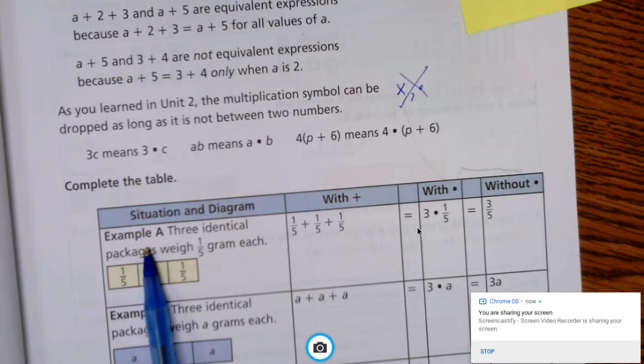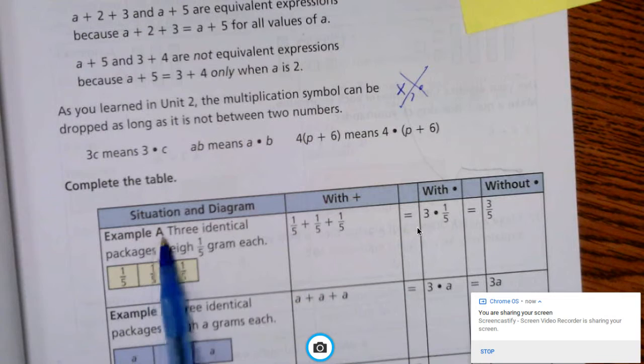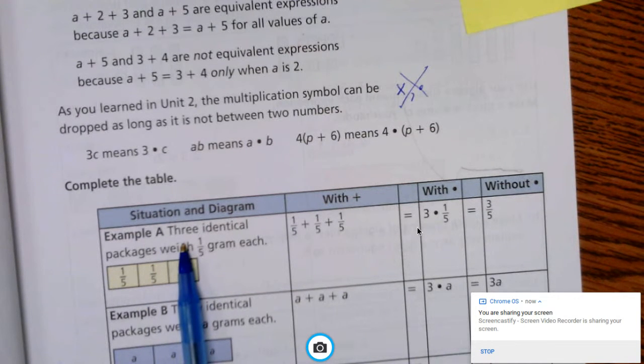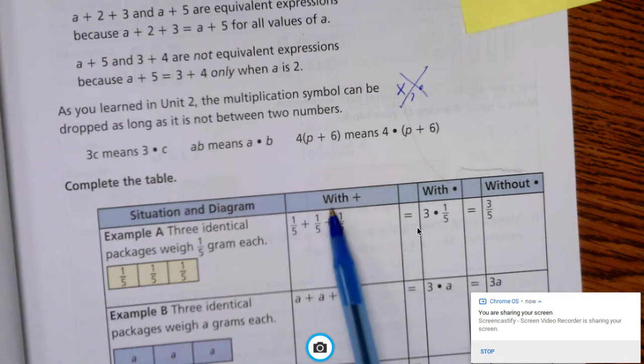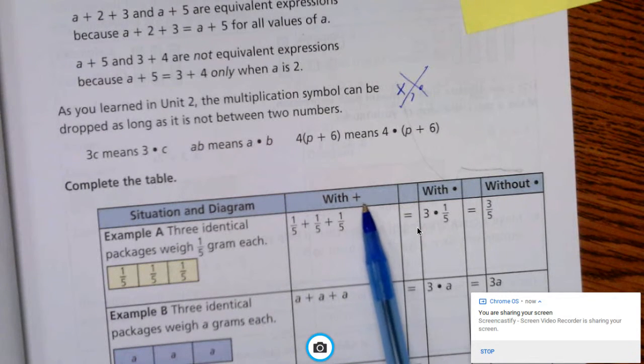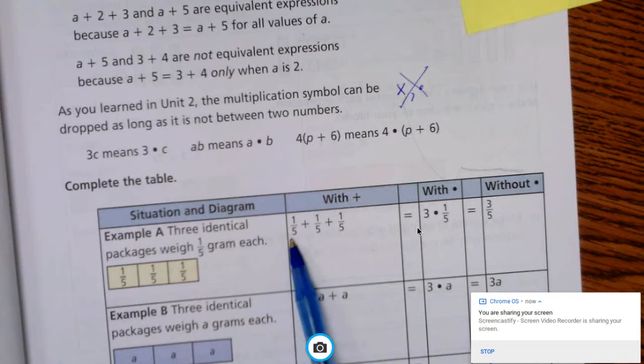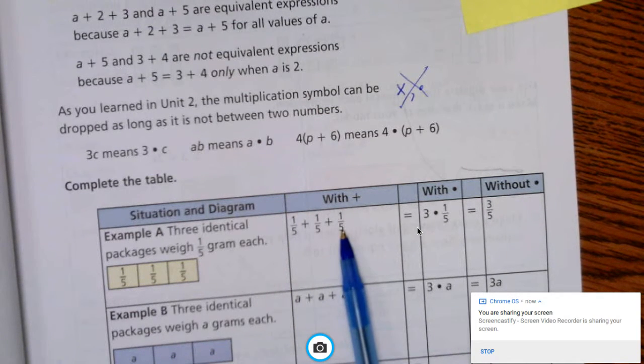So let's check this out. So this says, for example, A, we have 3 identical packages that weigh 1/5 of a gram each. So we could represent it this way. We could represent it with addition, 1/5 plus 1/5 plus 1/5.